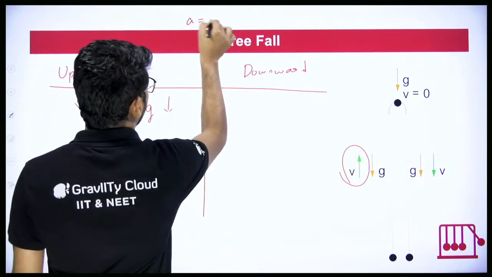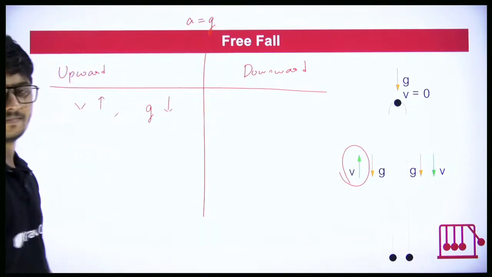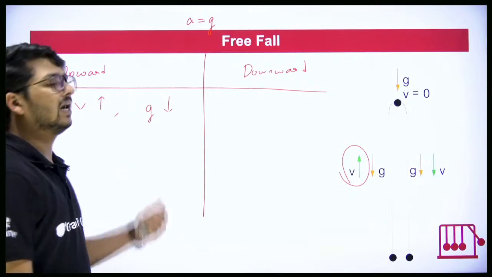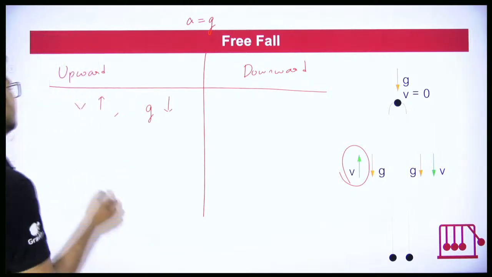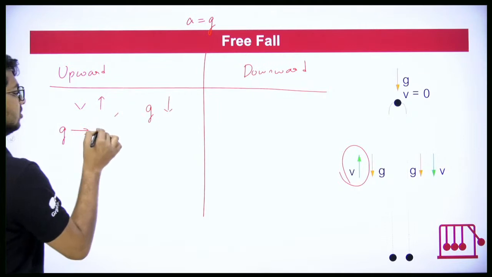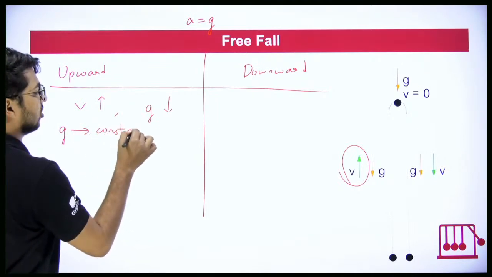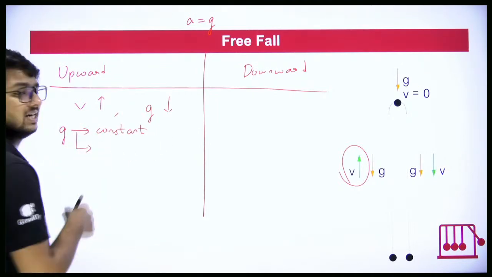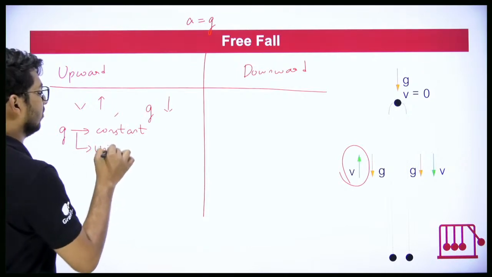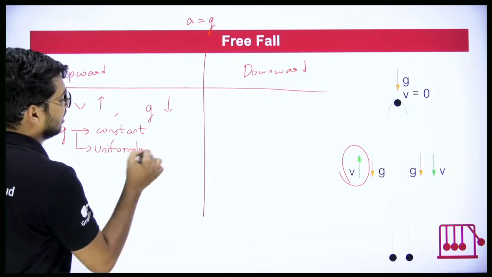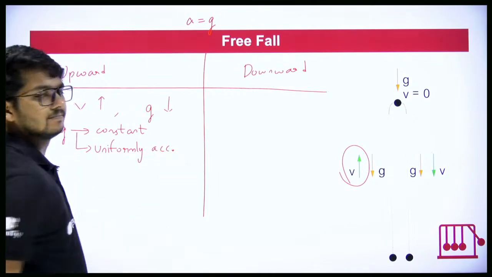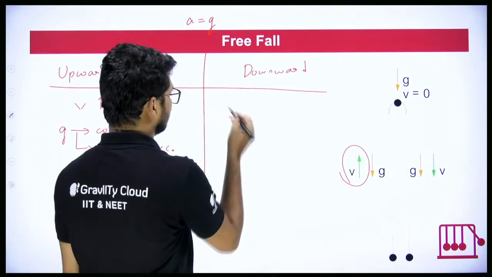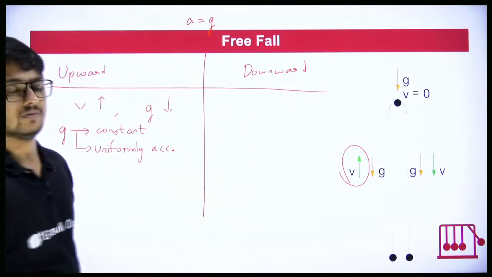And in both the cases, you can say a is equal to g. And what about the value of capital G? Is it constant? Yes, it is constant. And if g is constant, which type of motion is it? It is uniformly accelerated motion. The same thing is applicable here also. We'll go into that part, don't worry.